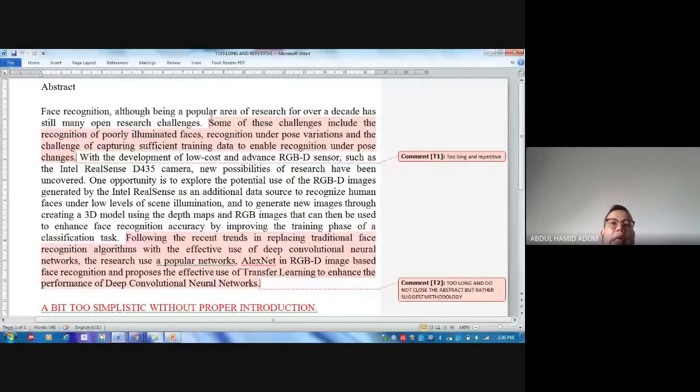For example, there are several challenges, and the first is recognition of poorly illuminated surfaces. Then full stop. Then you can say the second challenge is the recognition under pose variations, and the third challenge will be capturing sufficient training data to enable recognition under pose changes.